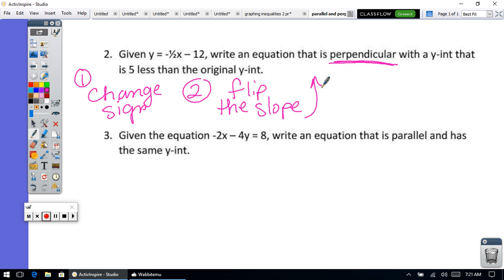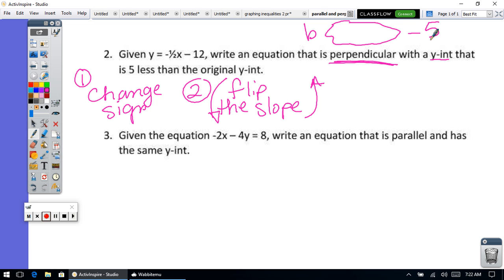So that means you're just going to flip the fraction upside down here. And then let's keep reading. With a y-intercept that is 5 less than the original. So that means we're going to have to take the y-intercept, and whatever that is, we need to do 5 less than that. We need to go further into the negative.